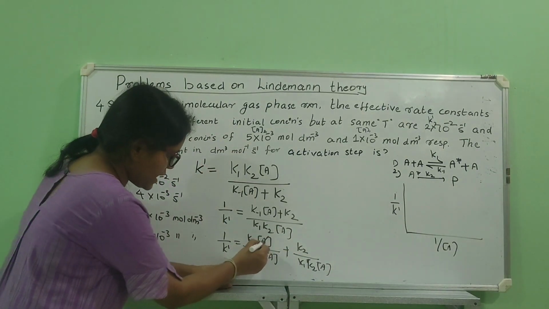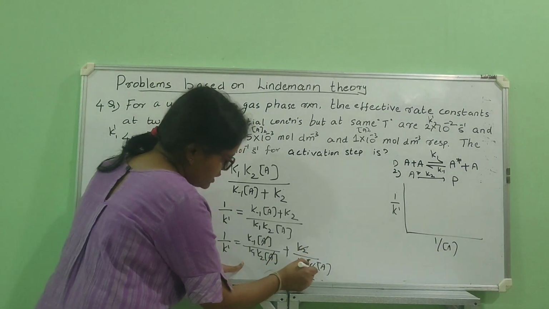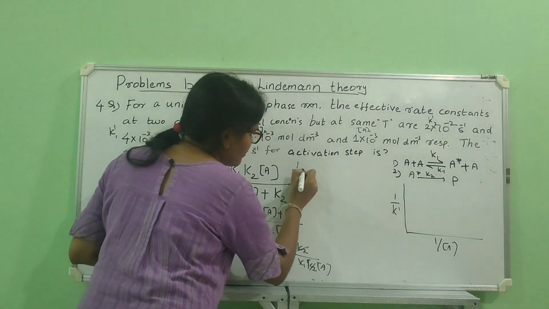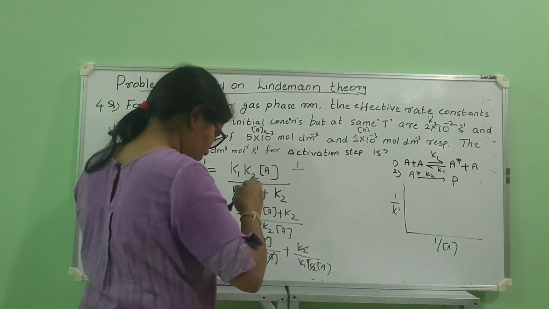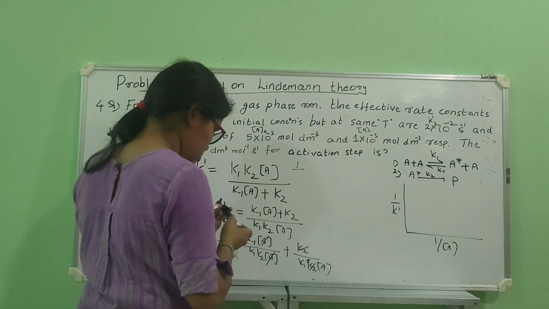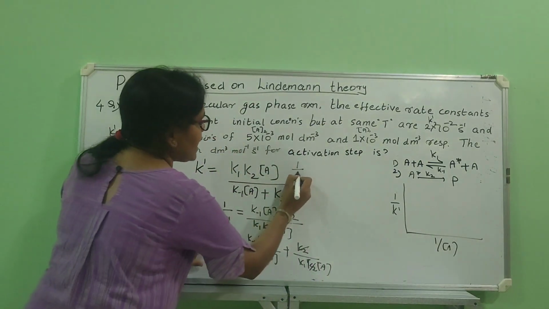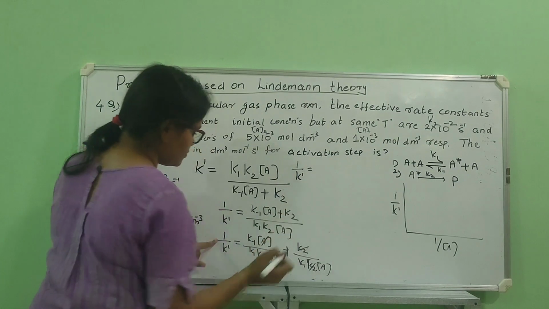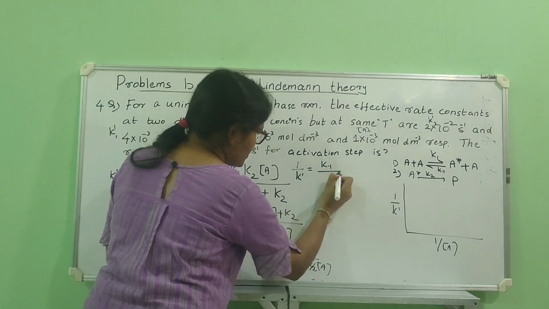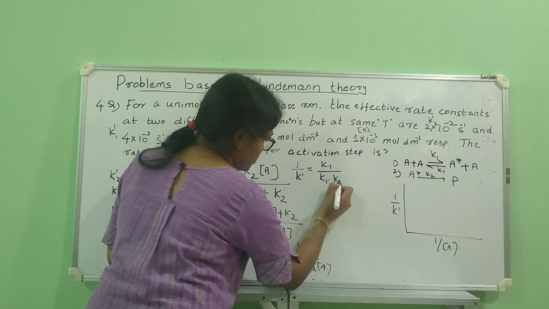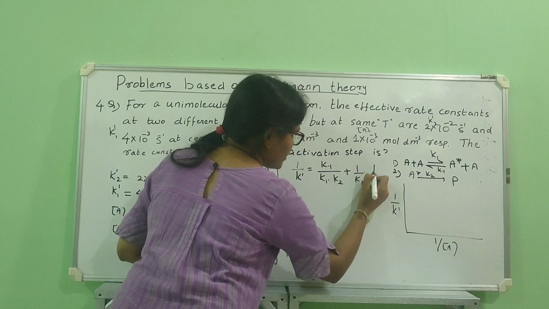So here I can cancel a, okay, and from here I can cancel k2. So I get 1 by k dash is equal to k minus 1 by k1 into k2 plus 1 by k1 into 1 by a.